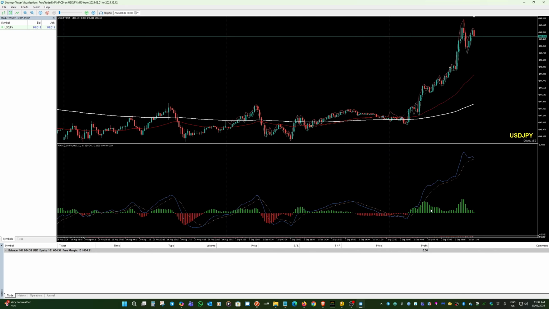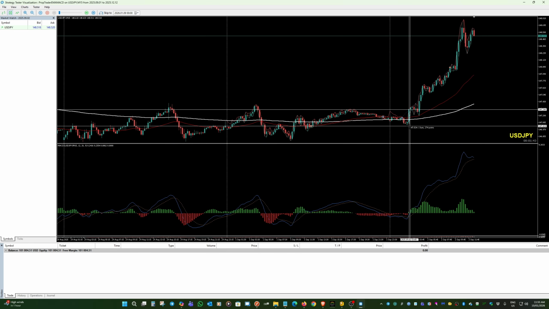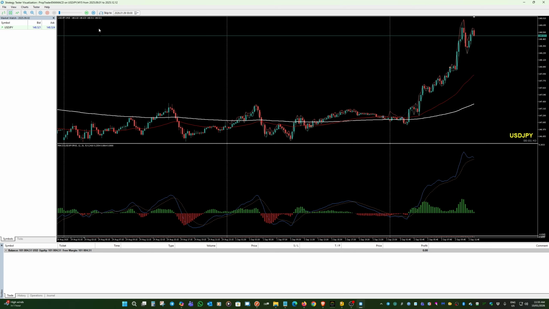The correct entry position would have actually been here, where the line actually crossed and closed, and we can see here that we changed the MACD from red to green. I would have thought the entry should have been on that first green candle, which probably would have been about this level here. However, it did actually work out, so let's let this one go.